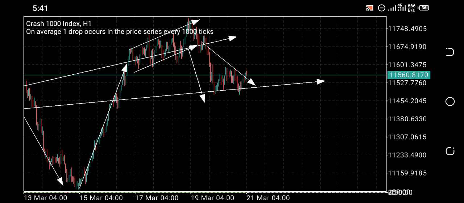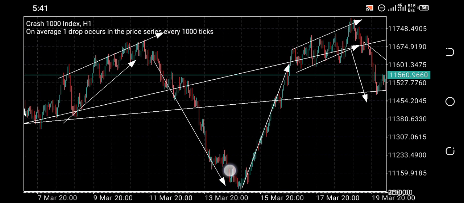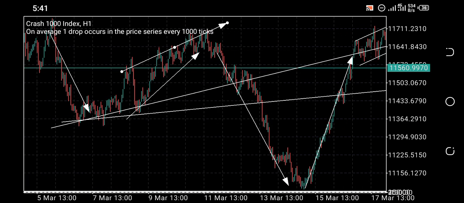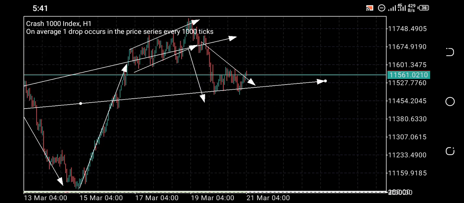It might be a swing point, but it might not be a major swing point. Major swing points: boom, this is a swing point, boom, this is another swing point. You don't need to waste a hell of a lot of time finding them. Major swing points are easily identified.